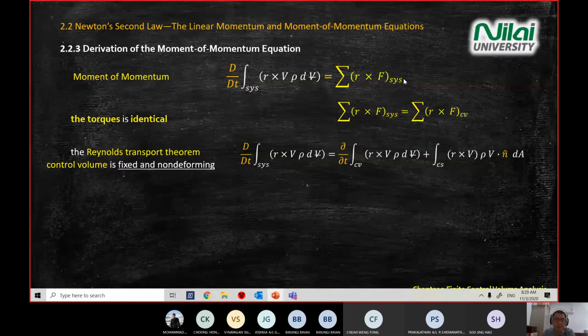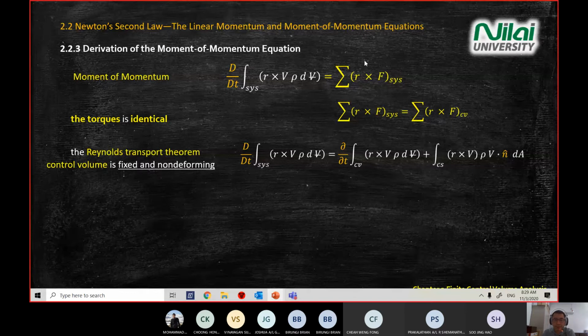And we know that when our system coincides with or is the same as our control volume, we have an identical torque between these two. What happened in our system will be what happened in the control volume, right?